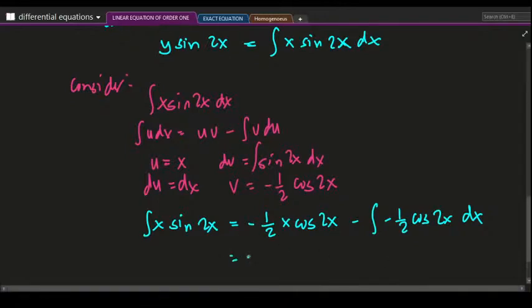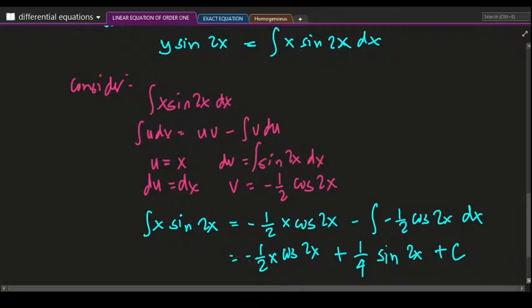We'll end up with negative 1/2 x cosine 2x plus the integral of 1/2 cosine 2x dx, which is sine, then we need the derivative of our 2x, that is 2, so we'll have 1/4 sine 2x plus c.